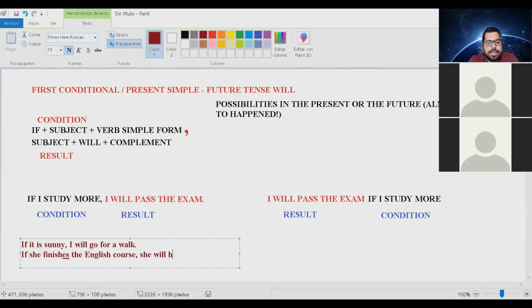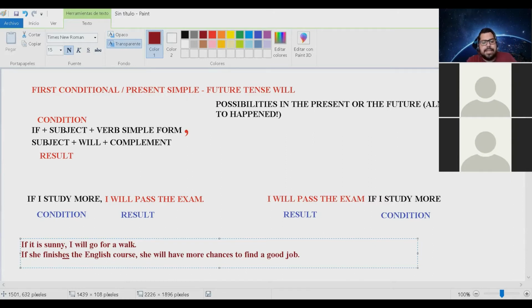She will have more chances to find a good job, exactly. For sure, guys, if you have better grades in your English course, she will have more chances to find a good job than the others that didn't have good grades. That's for sure.